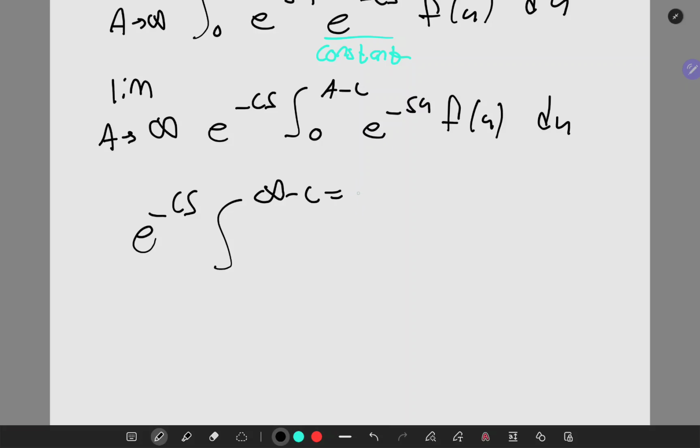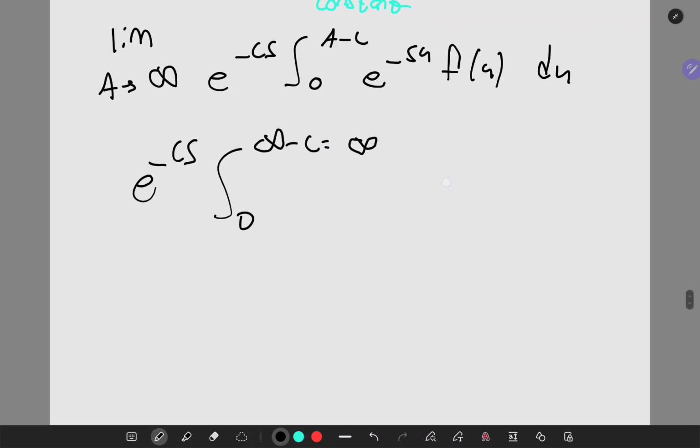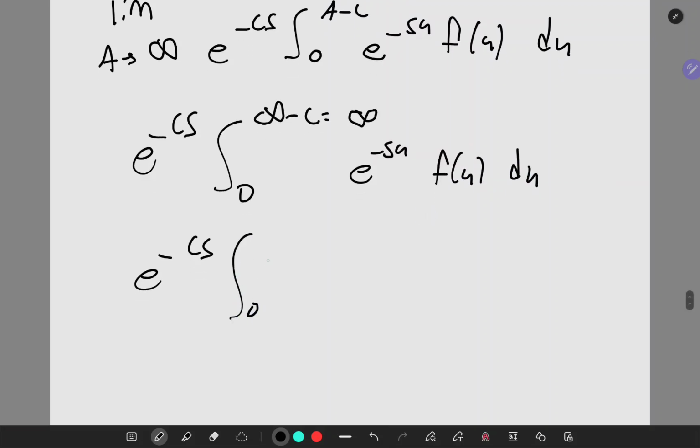Okay. Good enough. Right, so this will be equal to infinity. So then we have zero to infinity of e to the minus su f of u du.